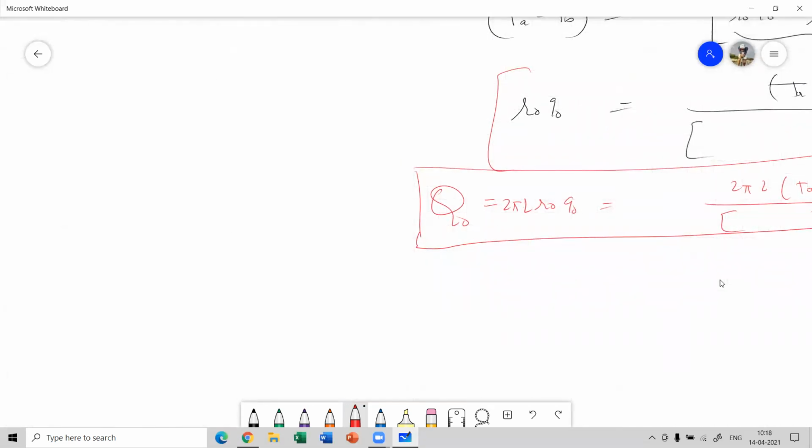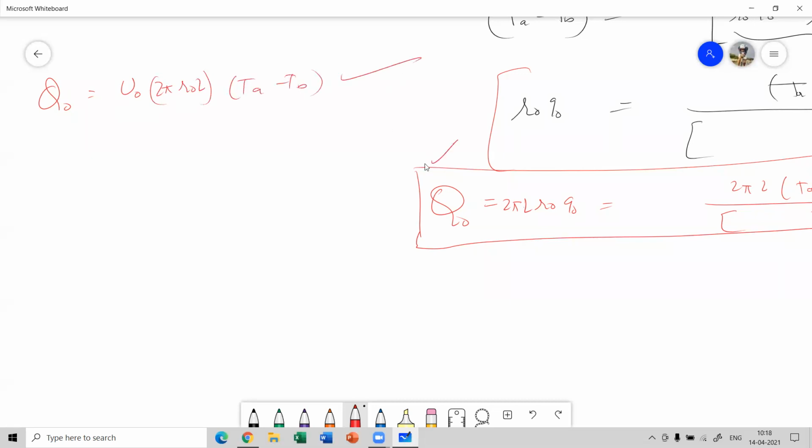Also, the overall heat transfer coefficient: Q0, the overall heat transfer in terms of the overall coefficient, is U0 into the area, so the area is 2 pi r0 L into Ta minus Tb.